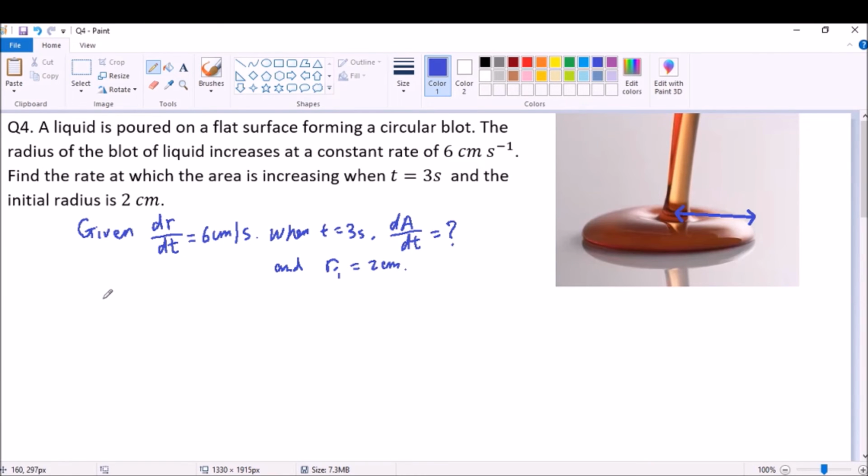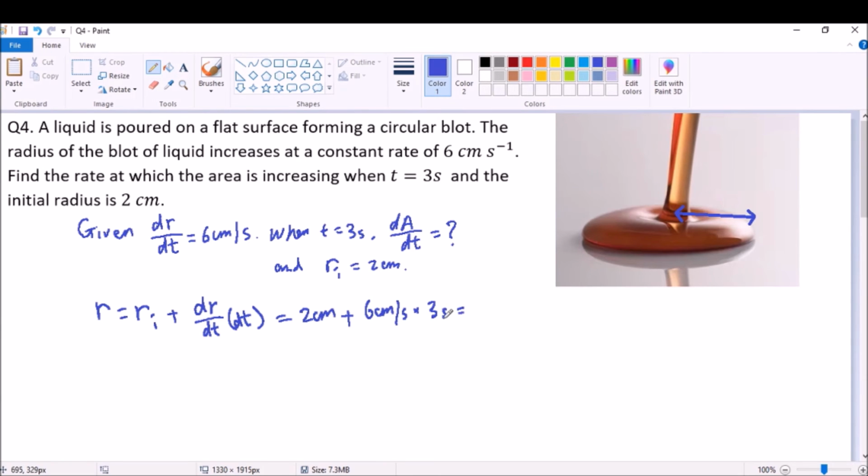First, we find the radius at t equals 3 seconds. So the radius r equals the initial radius plus the rate of radius increasing multiplied by t, or dt, at 3 seconds. So we have r equals 2 cm plus dr over dt, which is 6 cm per second, multiplied by 3 seconds.